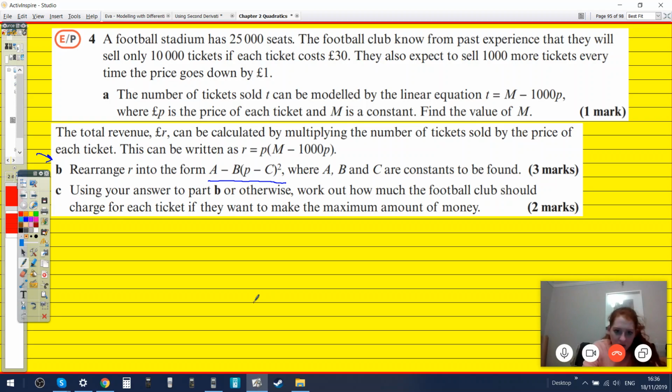No, yeah, because it's given as R equals P. Find the value. Oh, we were supposed to find the value of m. The value of m. Yeah, we better find the value of m then. We better do part A. Okay.